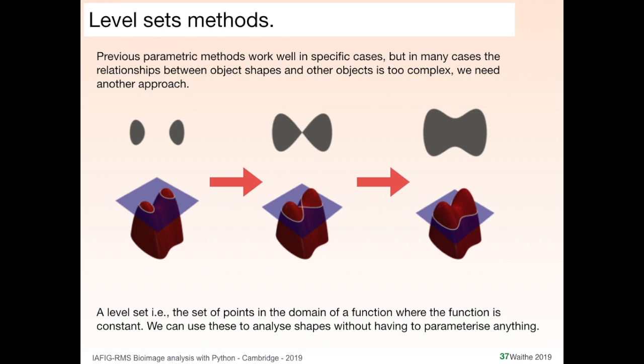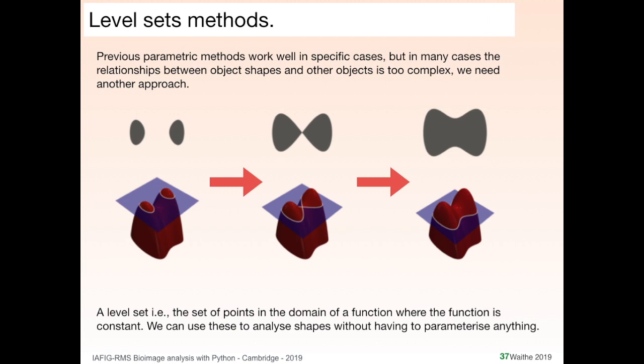And what the level sets methodology does is, rather than thinking of parameterized shapes, so in the previous examples we had circles and lines, but in reality a lot of the shapes we're looking at don't fit very well into that paradigm. So if you've got cells and they're touching each other, you would have to explicitly program a model that allows for that, with the different morphologies, and that's very complicated.